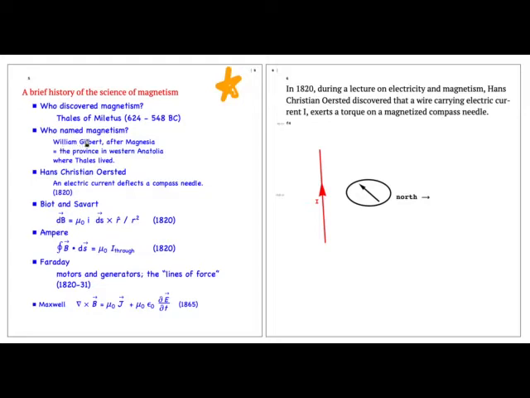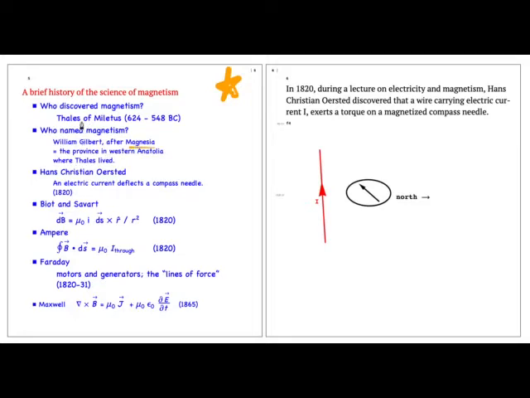Well, William Gilbert named this phenomenon magnetism after Magnesia, which was the province in western Anatolia, where Thales lived. The city of Miletus was located in a province called Magnesia, and Magnesia is where they found lodestones, magnetized rocks.